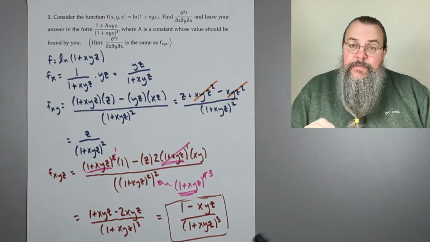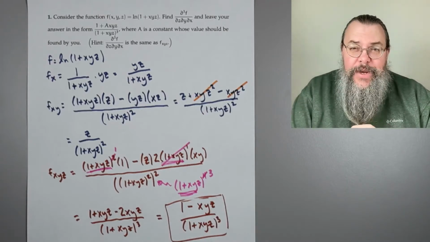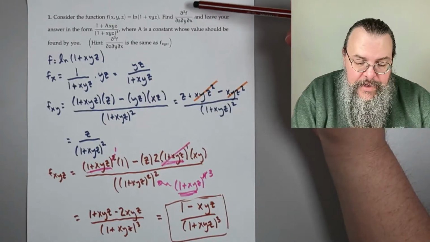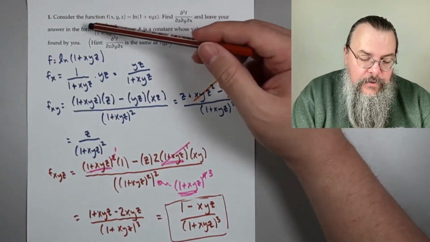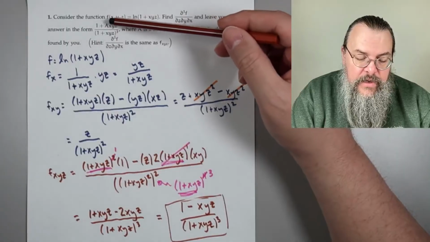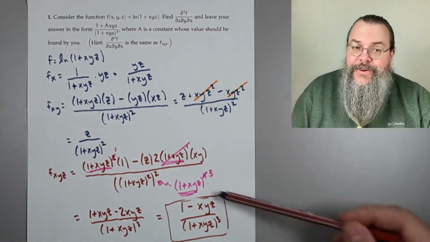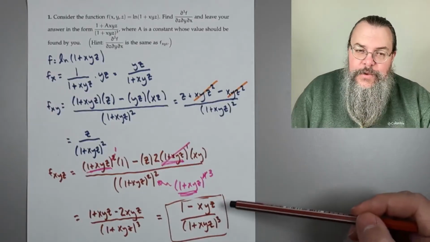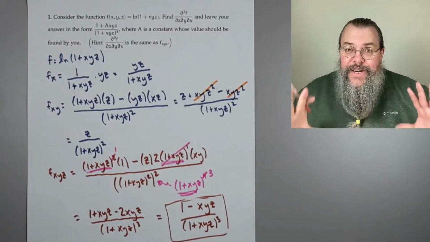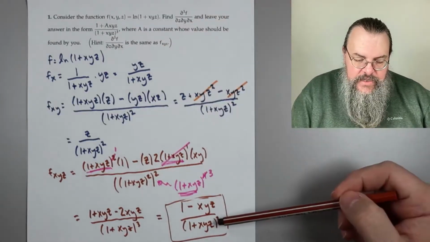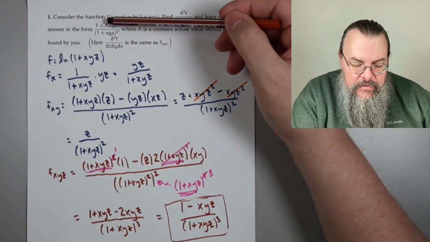Now, let's make sure we answered the question just the way they wanted us to, right? It said, find this third derivative and leave your answer in the form 1 plus axyz over 1 plus xyz cubed. And we found it, and that's our answer. So when we put a box here, that wasn't a mistake. That box is right, because we're looking for the derivative, and we want to make sure it matches. You'll notice here, it does match, right?